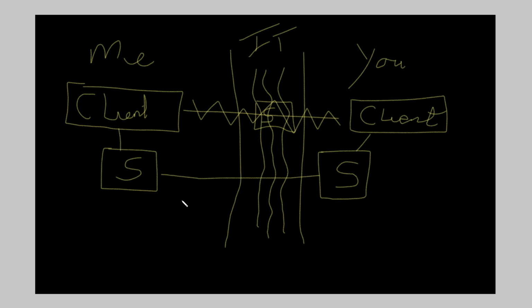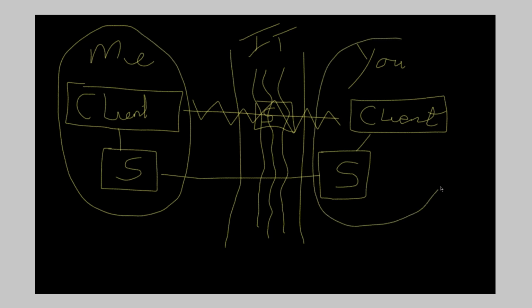But that's not quite how it works. This is you. This is me. This is you. And what you then do is somebody owns a network. So we're going to scribble that one out. We don't like that one.